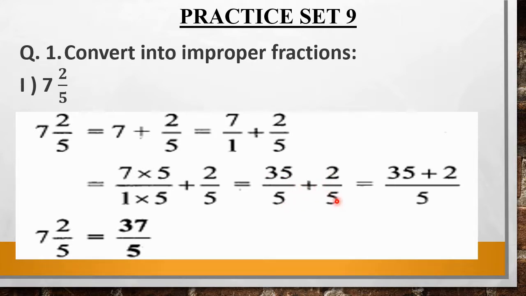Now here you can see denominator is same. So when two fractions having same denominator are added, we can simply add the numerator over a common denominator. So 35 plus 2 upon 5. You will get 37 by 5. So 7 and 2 by 5 is equal to 37 by 5.